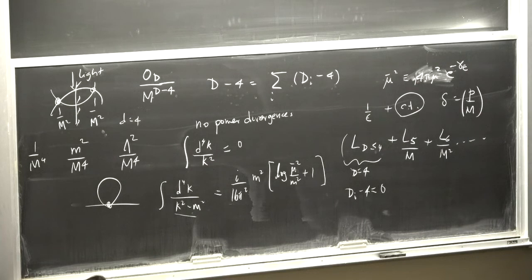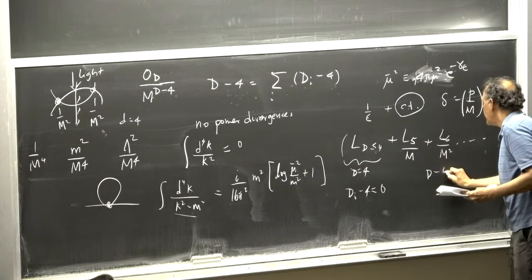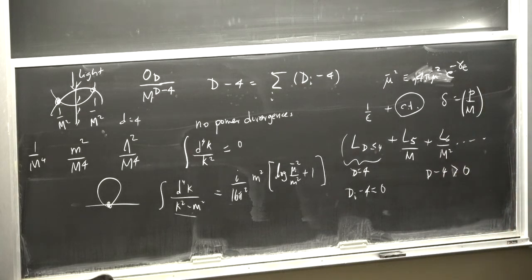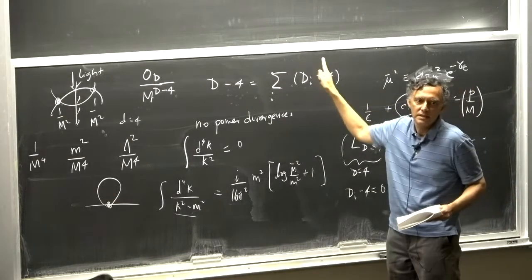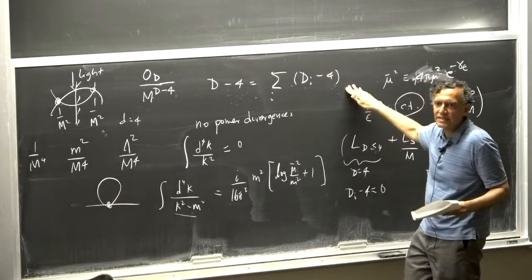But in an EFT, you have at least one operator which is higher dimension. Take any operator: if you have some higher dimension operator, d minus 4 is some number which is bigger than 0. As soon as you have one number that's bigger than 0 and you start putting multiple loops in here, you can generate arbitrarily high powers. That's the difference between the two.